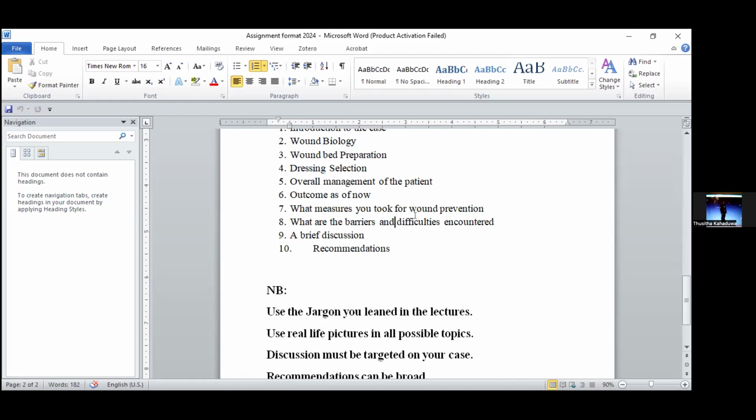So maybe something like that, something outside. If you cannot do anything, that is also a barrier and difficulty.